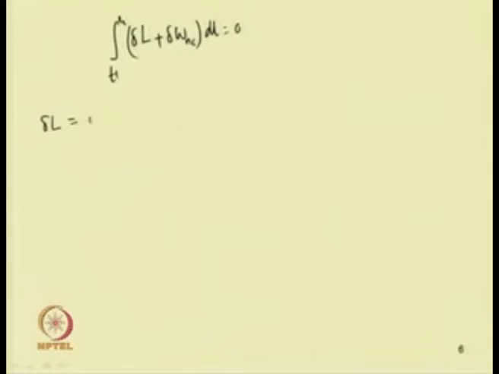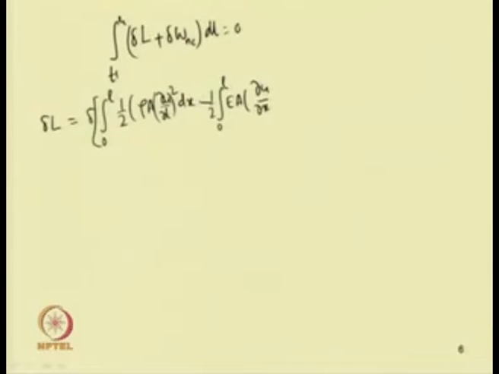So, that will be equal to operating this delta operator on integral 0 to L half rho A (∂u/∂t)² dx, which is for the kinetic energy, minus for the potential energy, integral 0 to L half E A (∂u/∂x)² dx.